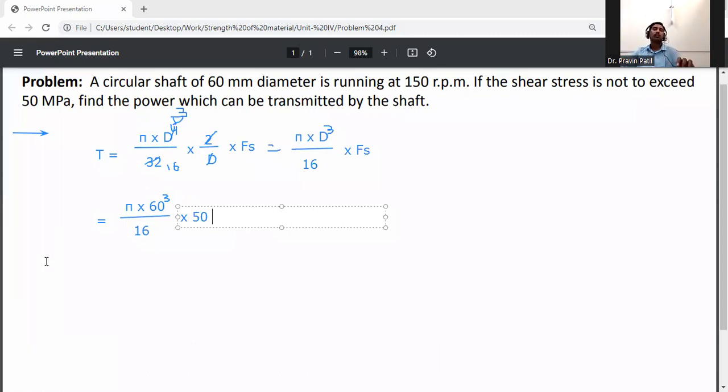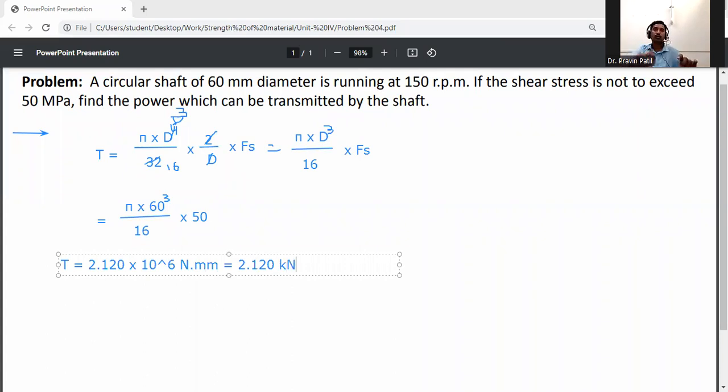From this relation, pi into 60 raised to 3 divided by 16 into 50 will be 2.120 into 10 raised to the power 6 Newton mm. To convert this into kilonewton meter, it is 2.120 kilonewton meter.